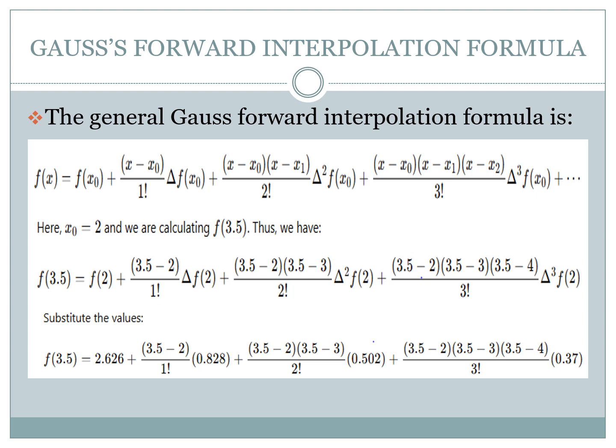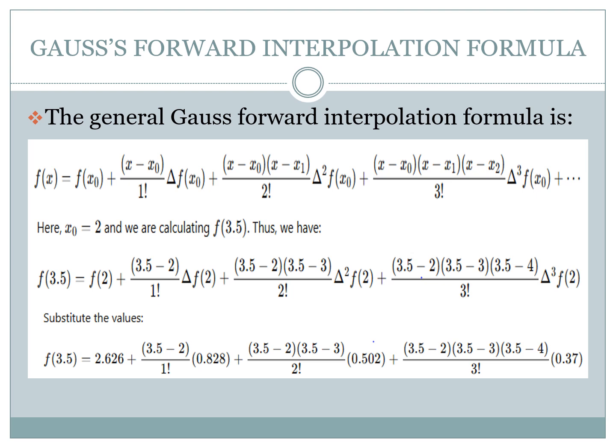So here we put delta square f of 2 plus x minus x naught, that is 3.5 minus 2 into x minus x1, that is 3.5 minus 3, and x minus x2, that is 3.5 minus 4 divided by 3 factorial into delta cube f of 2. Here x naught is 2.